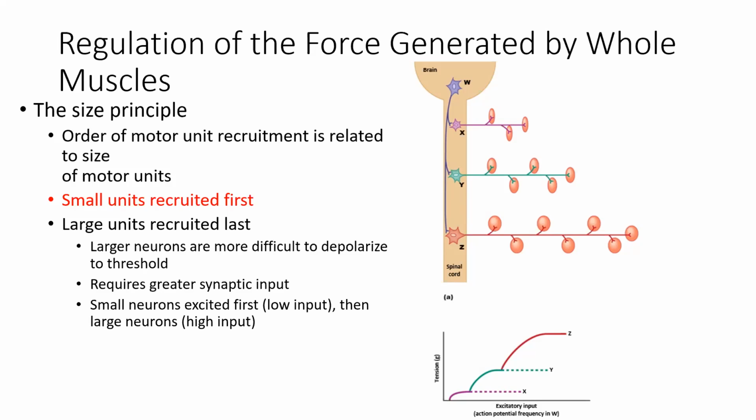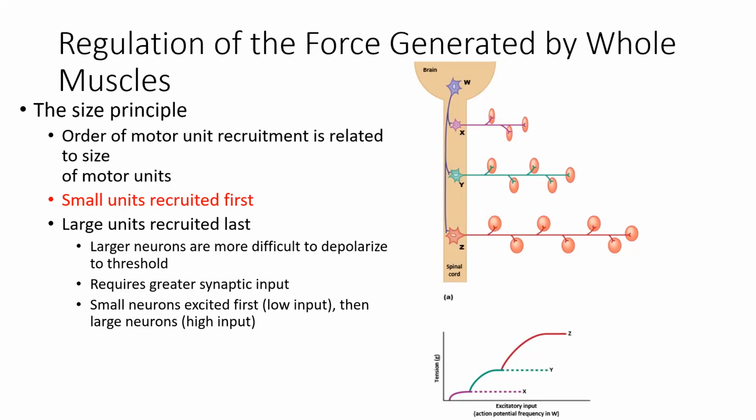And again, thinking about a practical example here, if I'm trying to lift something heavy, I'm going to start by recruiting smaller motor units that have smaller fibers. So if I'm trying to lift something with my biceps, I'm going to go for the smaller units that have fewer fibers. Those fibers have a smaller diameter. The somas and cell bodies of those neurons are going to be slightly smaller.